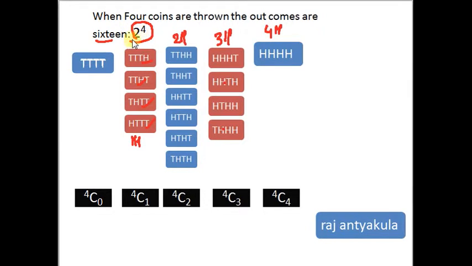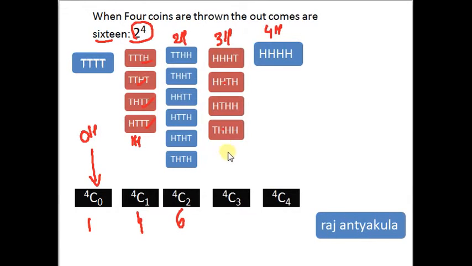Now, suppose, look here. When 4 coins are thrown, in how many ways will it show no head or 0 heads, which is nothing but 4C0, one way. In how many ways will it show only one head? 4C1. What is the value of 4C1? 4. In how many ways will it show 2 heads? 4C2. What is the value of 4C2? 6. See here, how many cases are you getting? 1, 2, 3, 4, 5, 6.